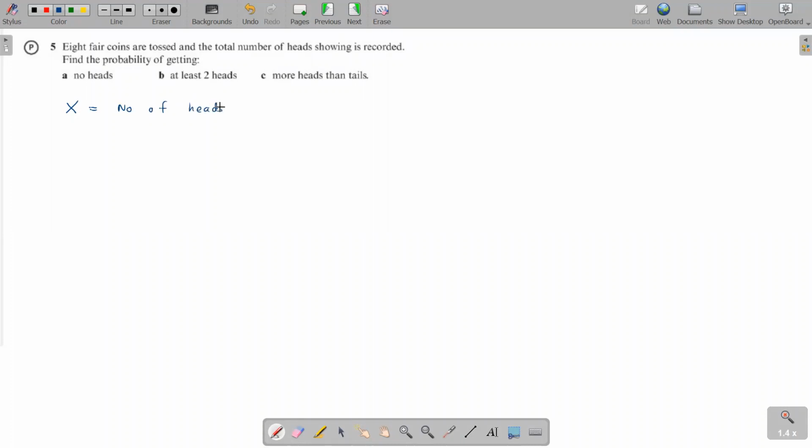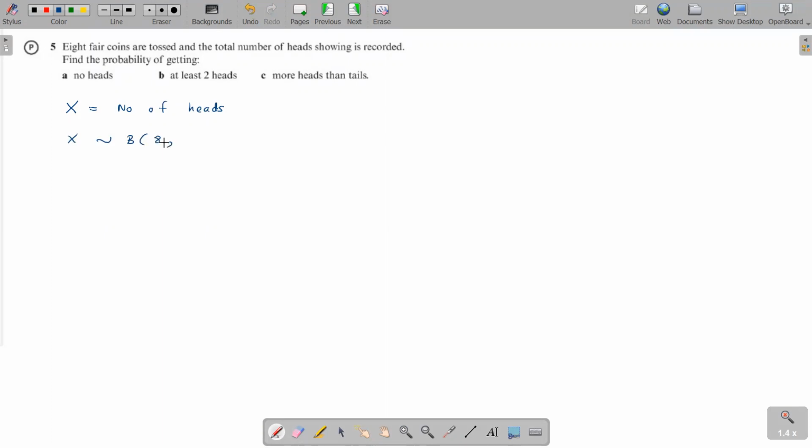Are you with me? Capital X is the number of heads. And they're saying 8 fair coins are tossed, which means we have 8 trials. So X follows a binomial distribution with n being 8.